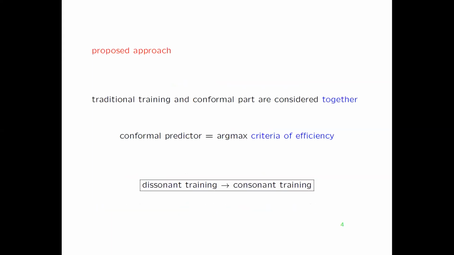And this is what we actually do. This is our proposed approach. The high-level idea is to tie together these two parts: the traditional training of the underlying algorithm, and the conformal part where you compute p-values and so on. And how can we tie together these two parts? Our choice is to focus on the optimization.